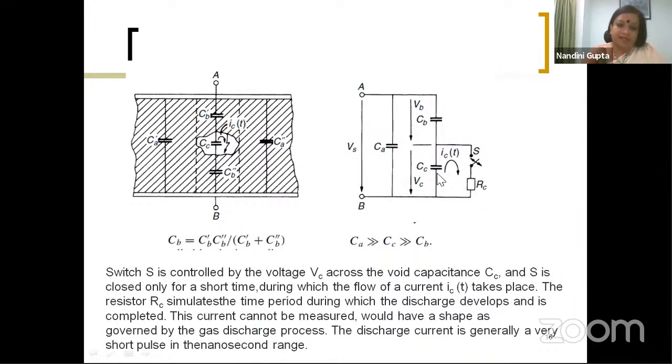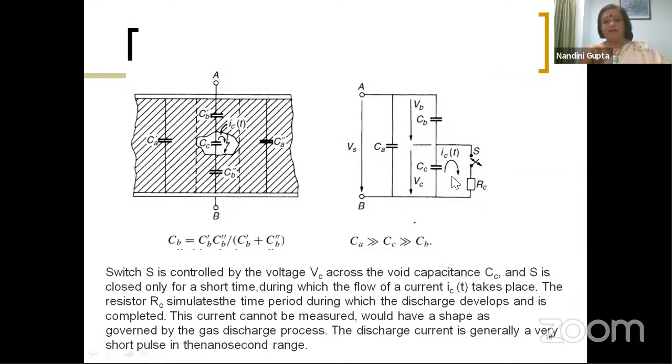I have the capacitance CC, which is the capacitance of the void, let us say, and CB is the capacitance of the dielectric material in series with the void. And CA is the capacitance of the remaining dielectric material, which I assume does not have any void, so it is in parallel to the void. So this is a kind of very idealized representation. We worked with a representation like this. It is a very ideal representation of the situation.